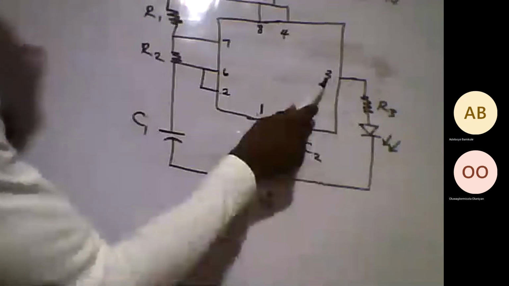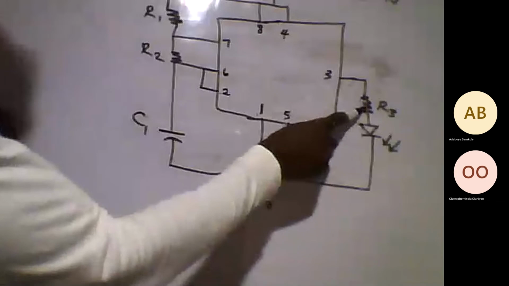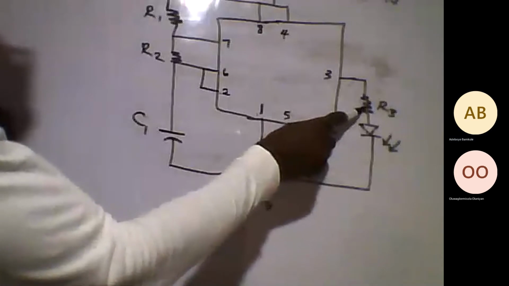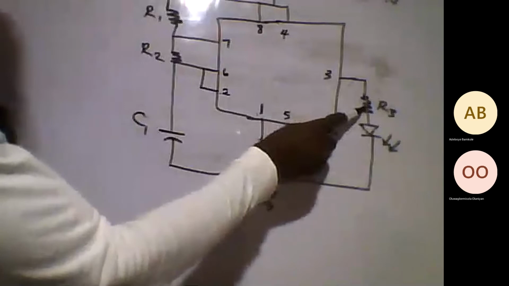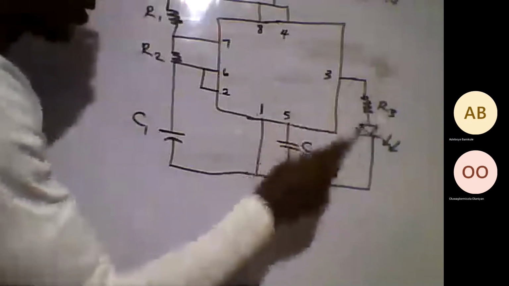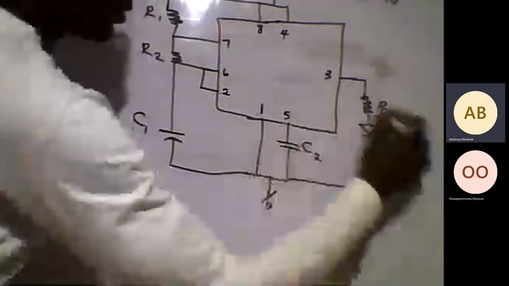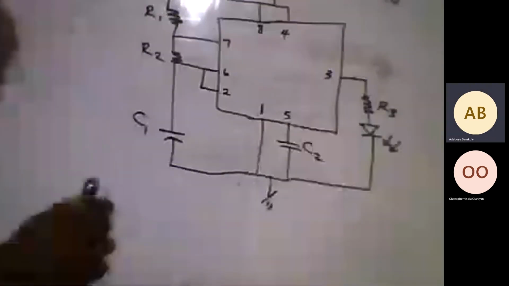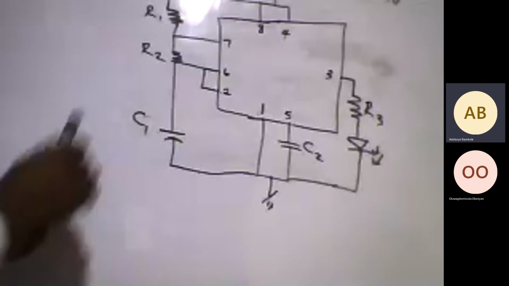Okay. Then this is pin 3, going to R3. I can't see R3. Then the LED. I can't see the LED also, okay. Can you see R3 now?